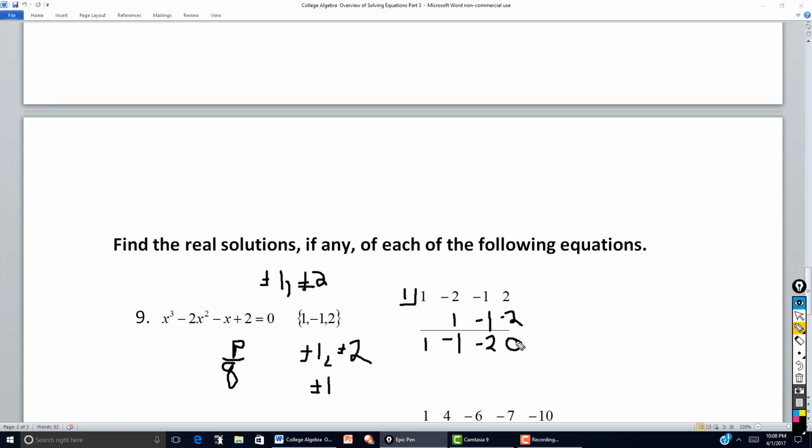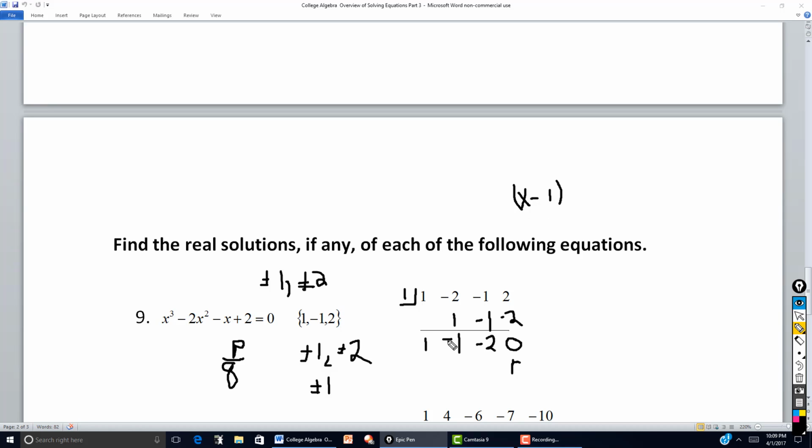The last number in that last row is your remainder. So this tells me that when I evaluate the polynomial at 1, I get 0. That's telling me that x minus 1 is a factor.